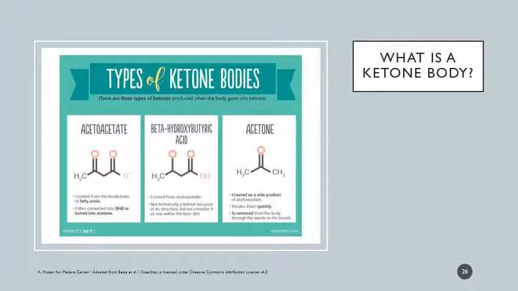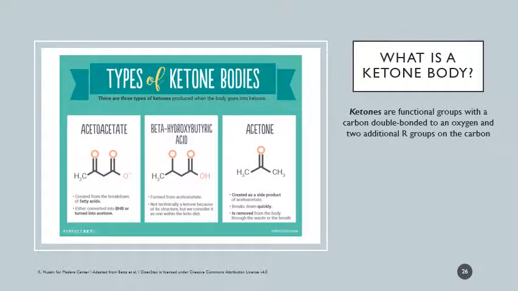I also wanted to take a moment to define this term ketone body. It sounds very fancy, but we can break it apart. Ketones are functional groups. You may or may not have learned about this in your chemistry classes or in biochemistry, but basically, remember when we draw chemical structures, since a lot of things are hydrocarbons, we don't write out the C's and the H's.